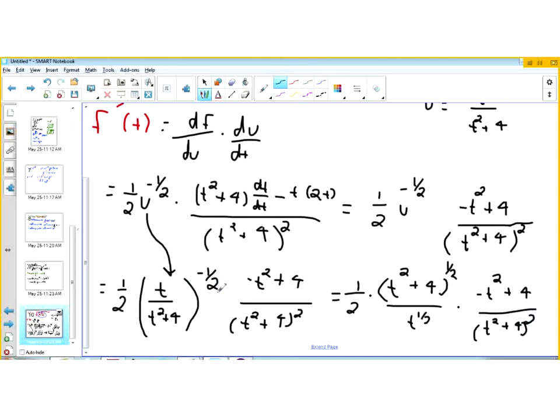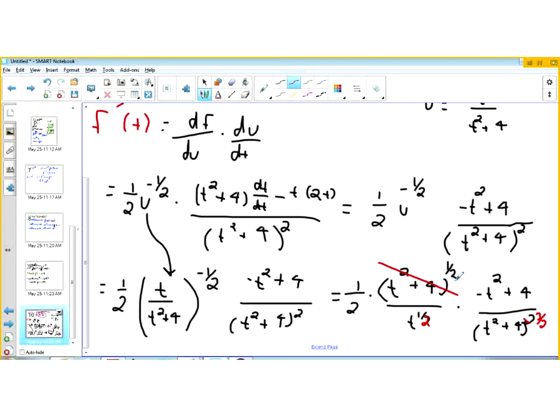All I did was take the reciprocal and raise the numerator and denominator to the 1/2 power, and then we can simplify the exponents. This term will cancel, and this exponent becomes 2 minus 1/2, which is 3/2. If you simplify that, there's your answer for that.